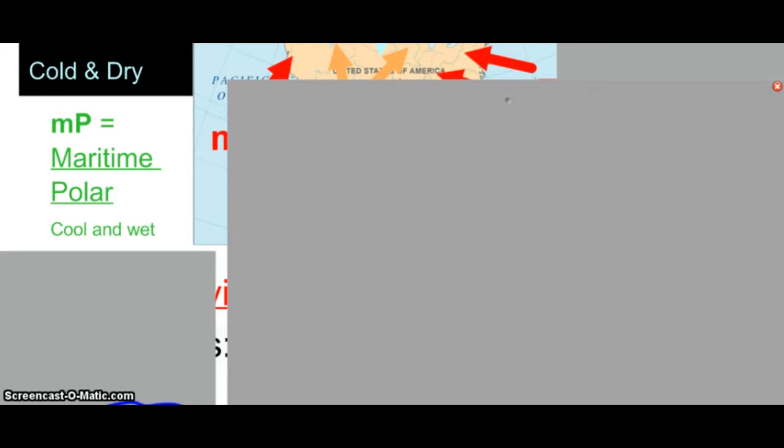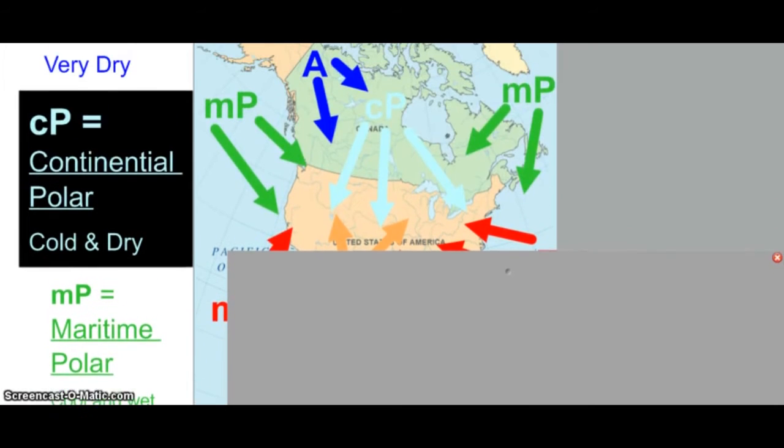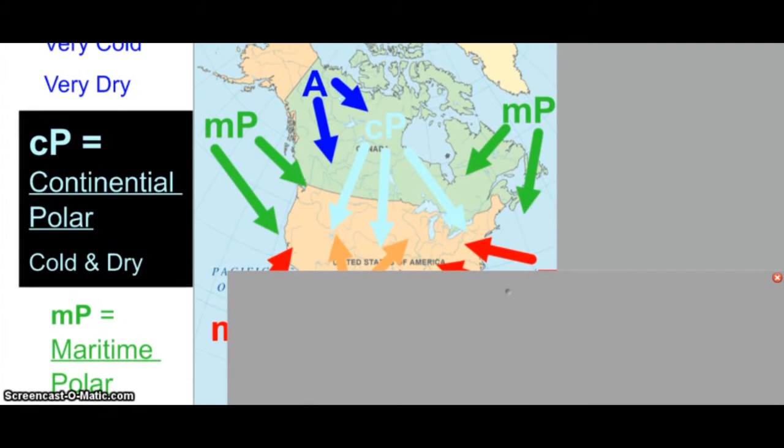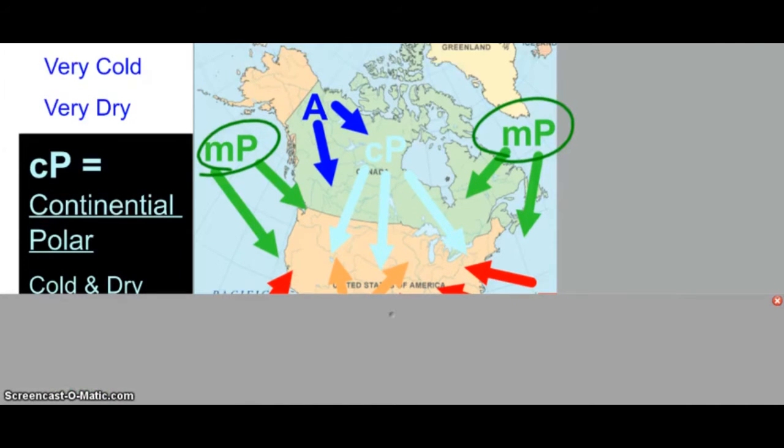Maritime polar comes from just south of Alaska, and from the Greenland, Newfoundland, Iceland areas, some cold and wet air.